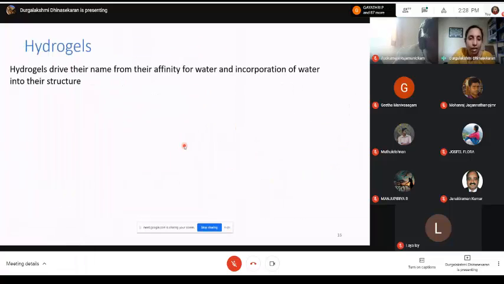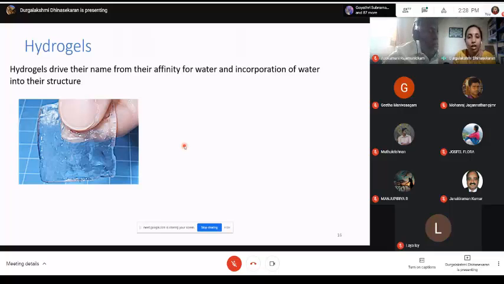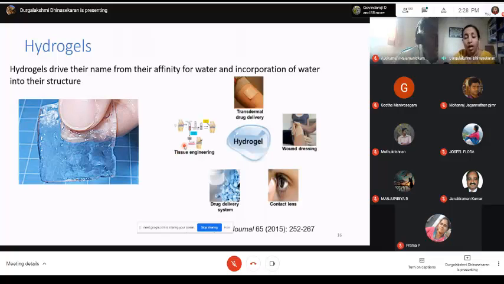Okay, the next important subdivision of polymers is hydrogels. This is also a booming research topic. A hydrogel is a gel-like structure with a lot of water accumulation in it, and its biocompatibility is directly proportional to how much water it accumulates without leakage.